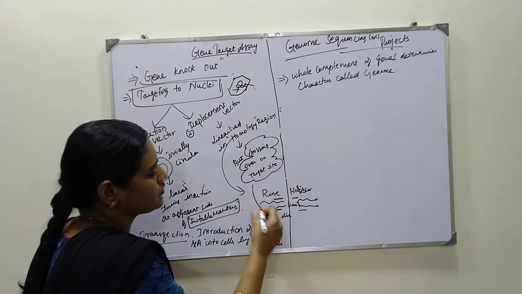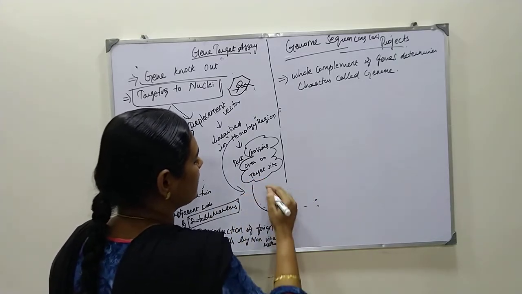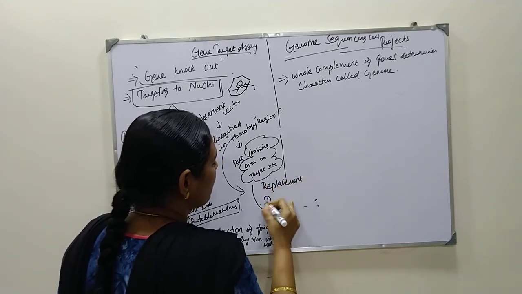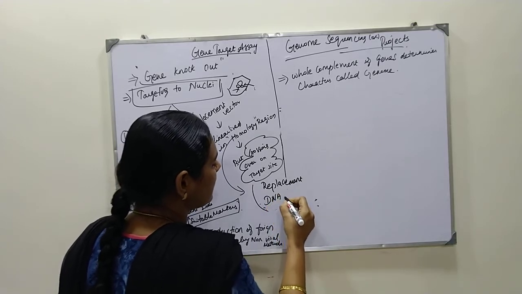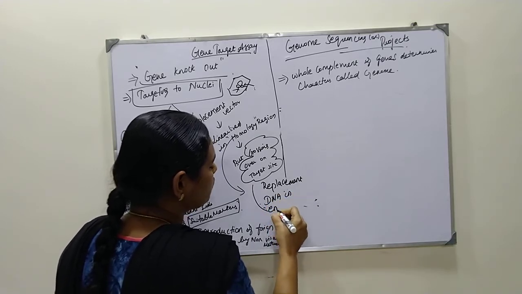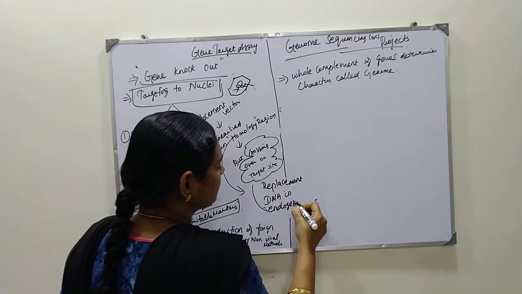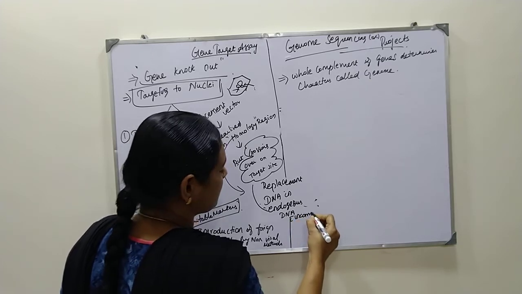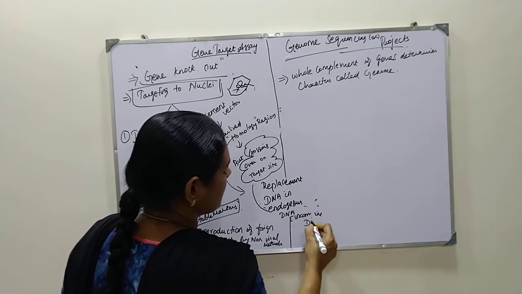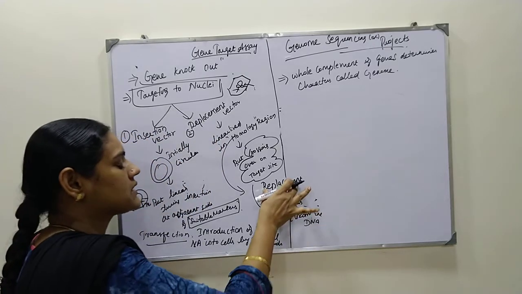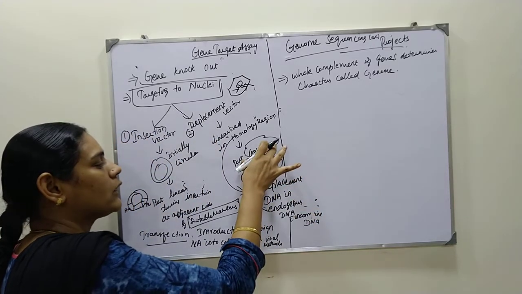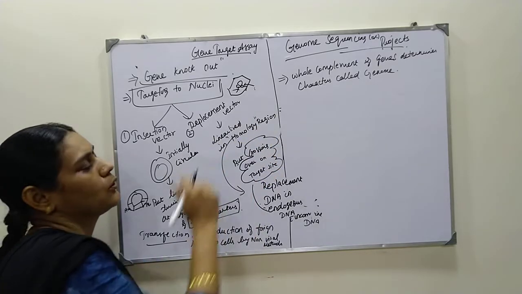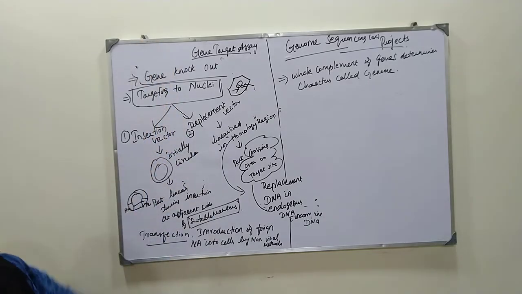So thereby it is causing the replacement of the endogenous DNA with incoming DNA. Incoming means the replacement vector. So the incoming DNA replaces the endogenous DNA by causing the crossing over at the target site, which is present along with the homology region. This is about gene target assay.